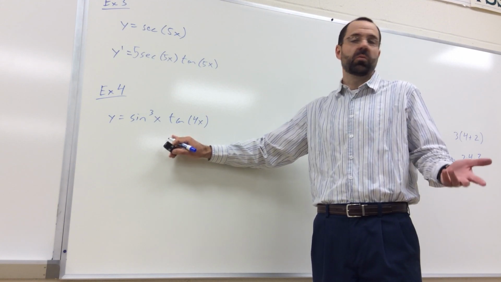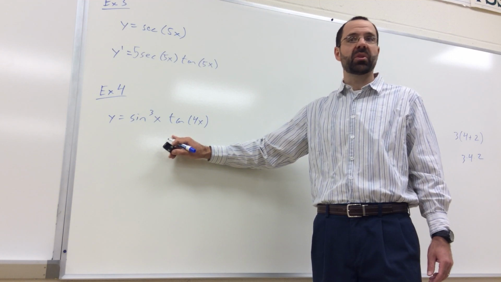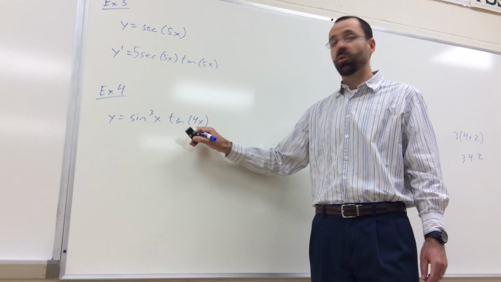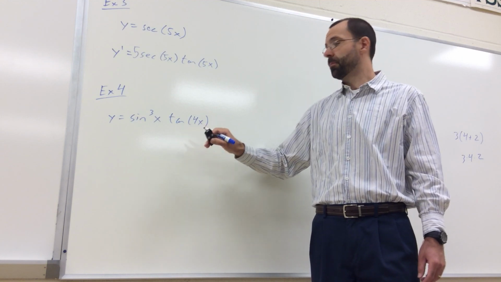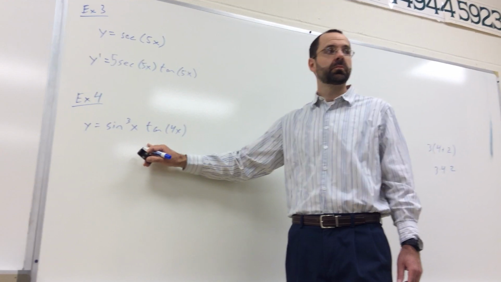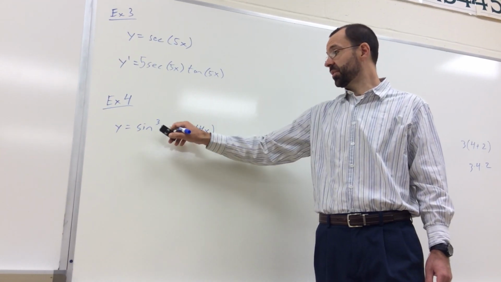Yeah. Why? Where's the chain happening? Where's the composition? Tangent of 4x, right? Okay. What else is going to happen here? Product rule, because there's a times sign here.